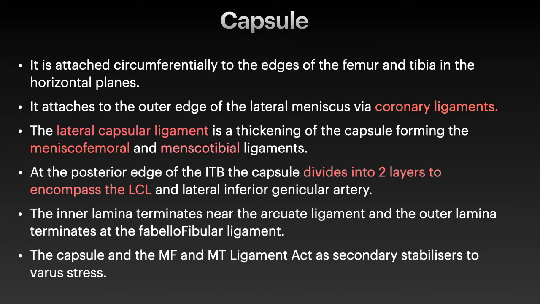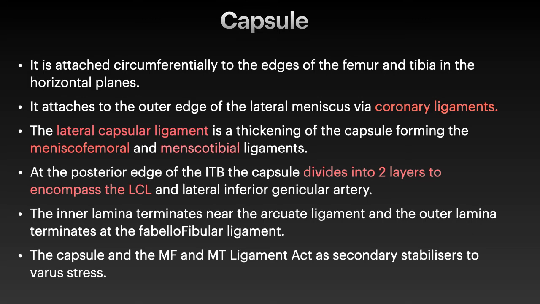Coming to the knee capsule. It is attached circumferentially to the edges of the femur and tibia in the horizontal plane. It attaches to the outer edge of the lateral meniscus via coronary ligaments. The lateral thickening of this capsule is called the lateral capsular ligament, which is further divided into meniscofemoral and meniscotibial ligaments.